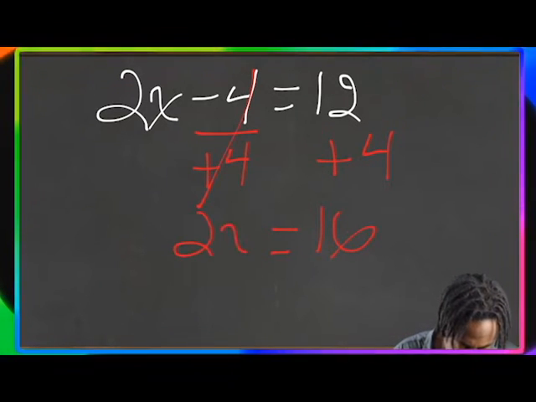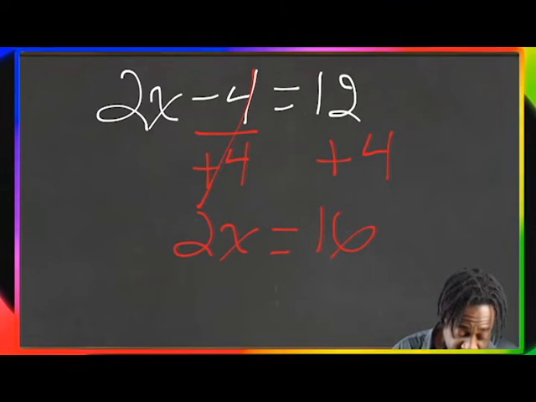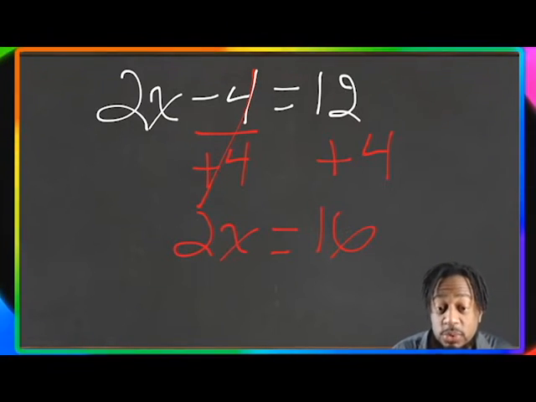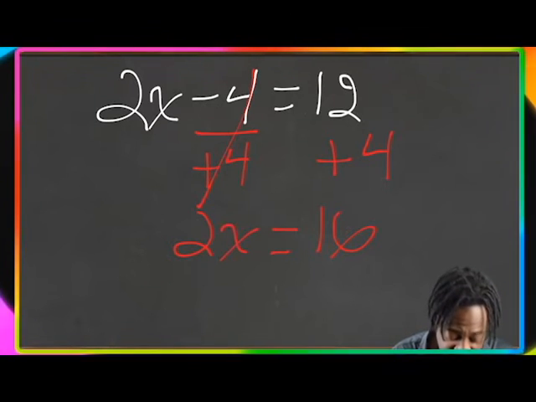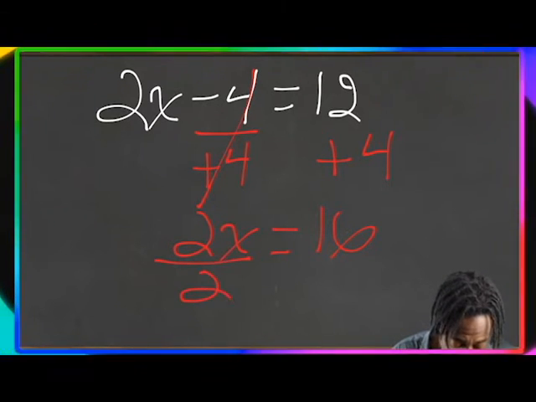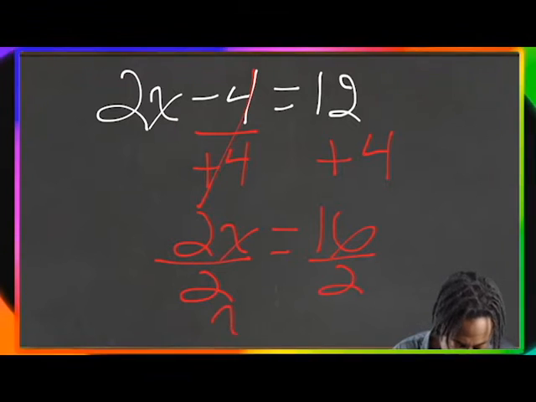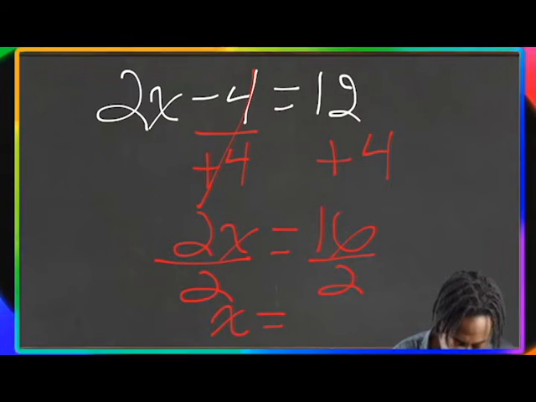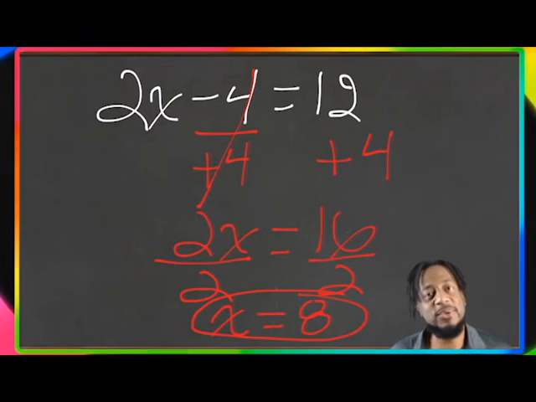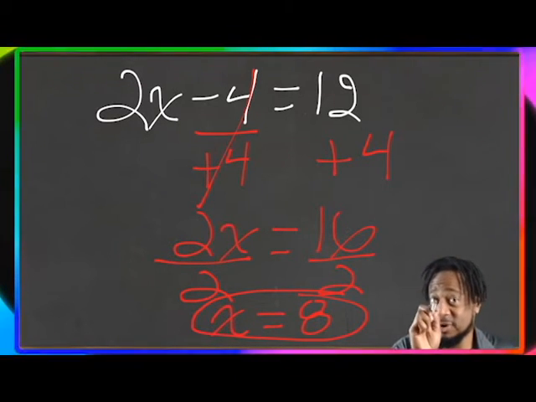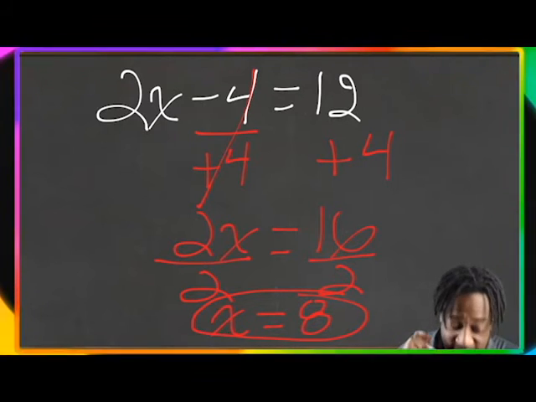Bring down my 2x. This looks familiar? Yes. 2 times x is equal to 16. Divide by what? 2. My x is going to be equal to 8. Circle it. Two-step equations. Told you it wasn't hard.